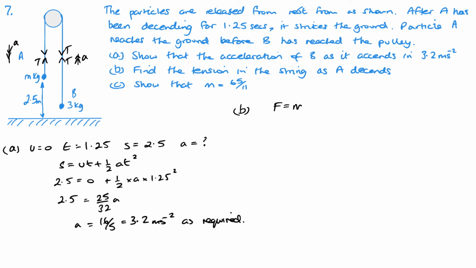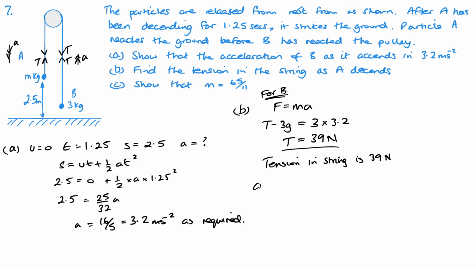So I'm thinking of F equals ma and considering B, because what happens to B is also going to happen to A. So for B, it's T minus 3g, 3 times the gravity, yeah, the weight of the ball B. The mass is 3 and the acceleration is 3.2. So nice and easy, just add 3g to 3 times 3.2. And T is 39 newtons.